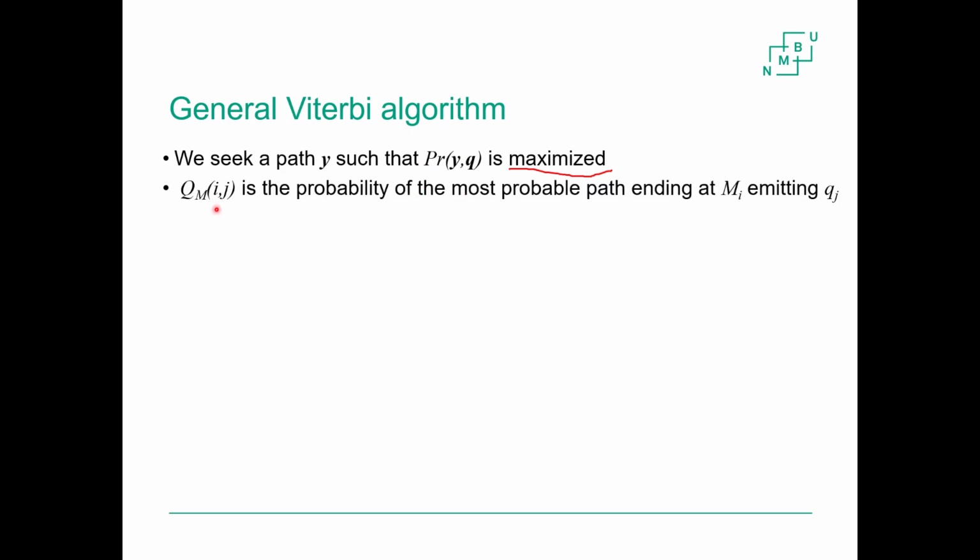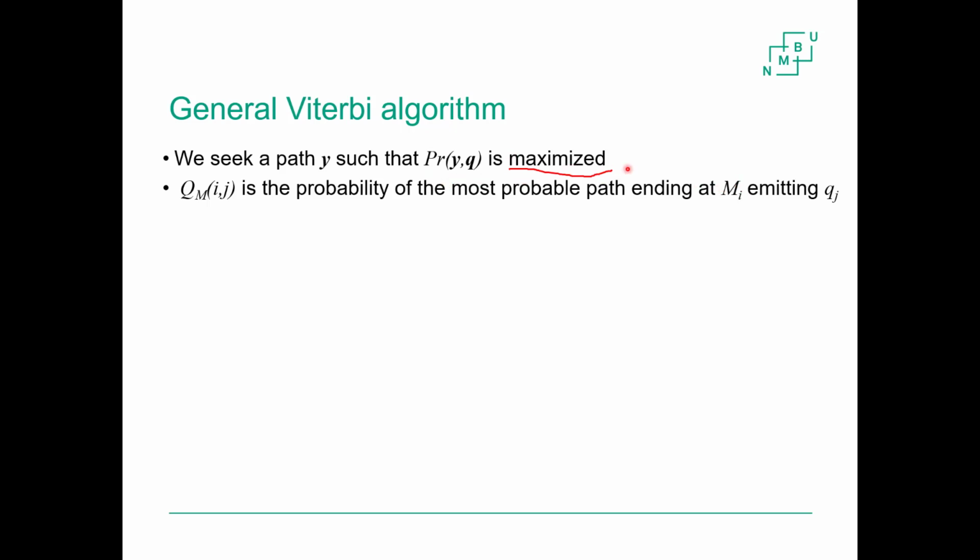In order to compute this, we now need some data structures, you could say. We need some matrices or tables. And here's the first one. Capital QM is a matrix with rows and columns. So if you are in row number I and column number J in this matrix, there is a number there. And what is that number? That's the probability of the most probable path, which is what we are looking for, ending at match state number I and emitting symbol number QJ, right?